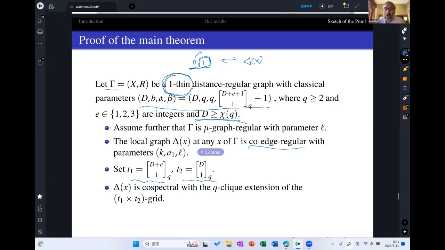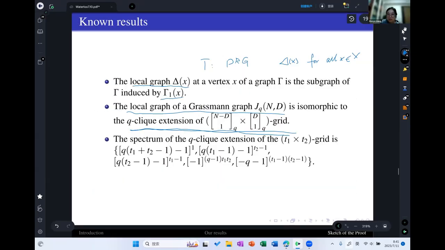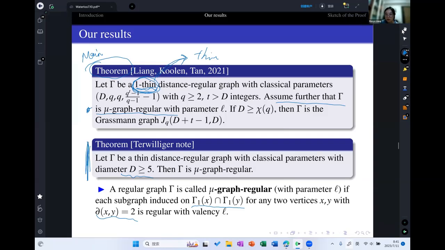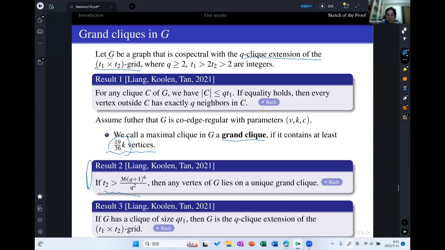Because we want to use this theorem, and we want to use mu graph regular, and here we need the diameter to be at least this. Here, this result.